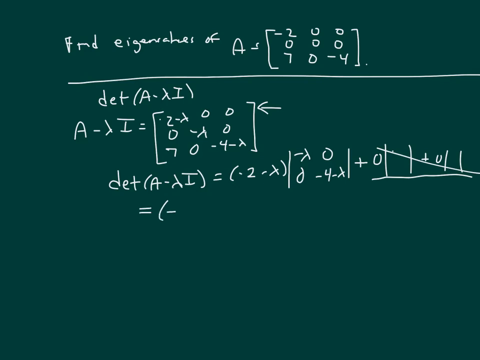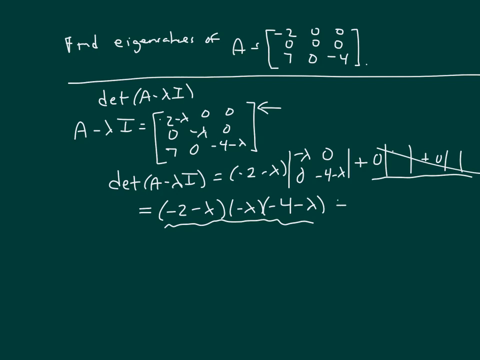So we end up just having to worry about this first term of our cofactor expansion, and we get negative 2 minus lambda, and then the determinant of that minor, negative lambda times negative 4 minus lambda, and that's our characteristic polynomial. At this point, we don't have to multiply it out because we have 3 linear factors.